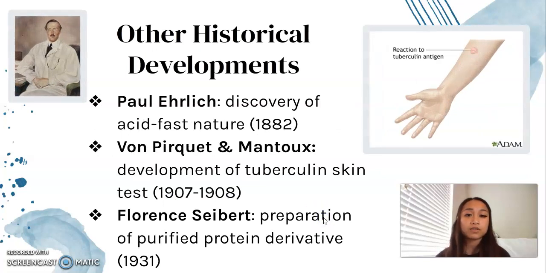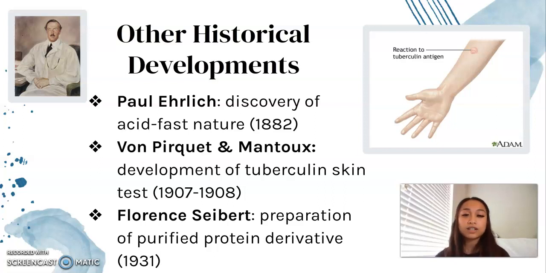Historical developments that also did occur that were very pertinent to this disease include Paul Ehrlich's discovery of the acid-fast nature. So we see how the bacterium functions due to that resisting of the decolorizing agent acid alcohol. And this is Paul Ehrlich right here. Von Pirquet and Mantoux developed the tuberculin skin test in 1907 to 1908.